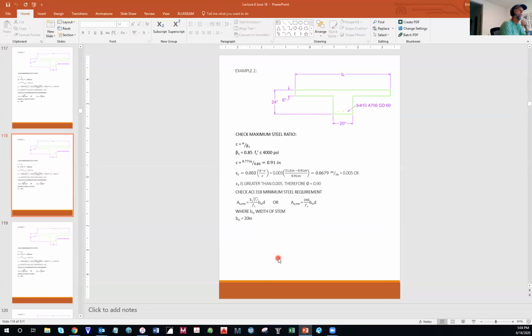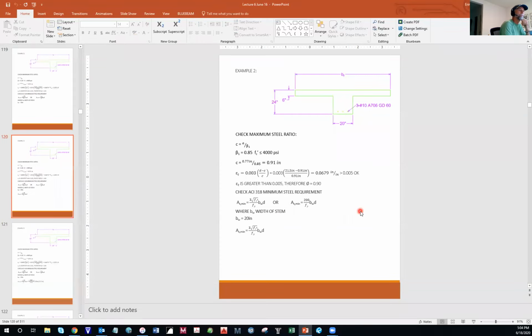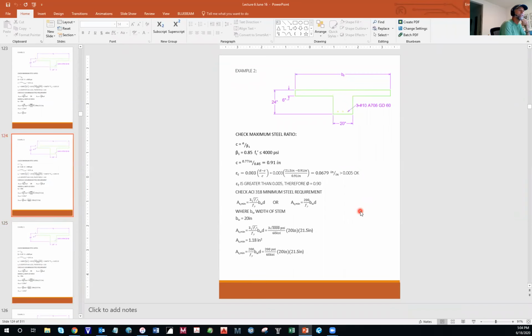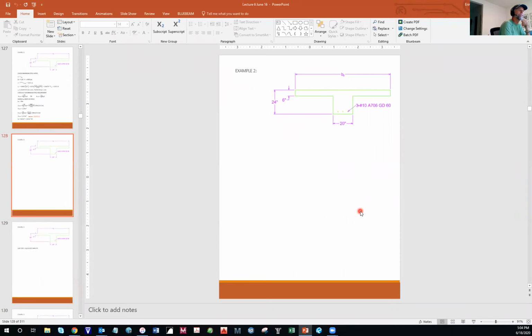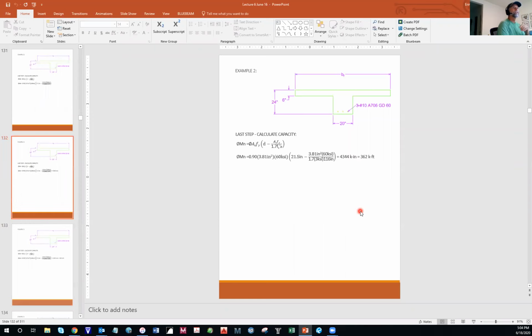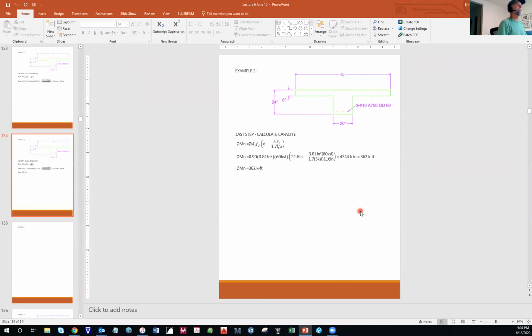B sub W is 20 inches because the stem width is 20 inches. And I fixed all the equations and all the answers from there on out. So I went through and fixed example 2, 3, 4, and 5 for this little boo-boo. And then we had left off just getting started on example 6. So that's what I fixed, and you can also download the latest version that's been fixed from Blackboard.